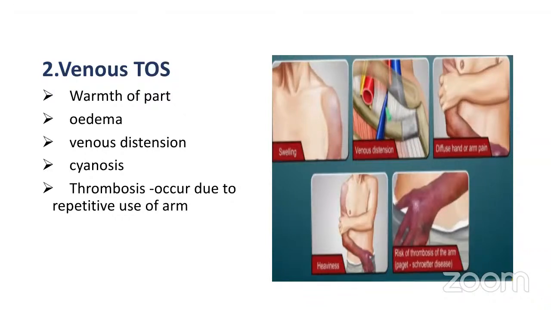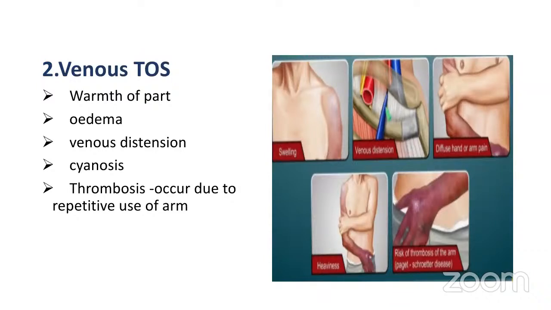You can see here in the picture that if the subclavian vein is compressed, then there is peripheral pooling of the blood, and because of that the part becomes warm, edema is there, venous distension you can see, then cyanosis, meaning bluish discoloration of skin and sclera due to lack of oxygenated blood supply. Then thrombosis may occur due to repetitive use of the arm.